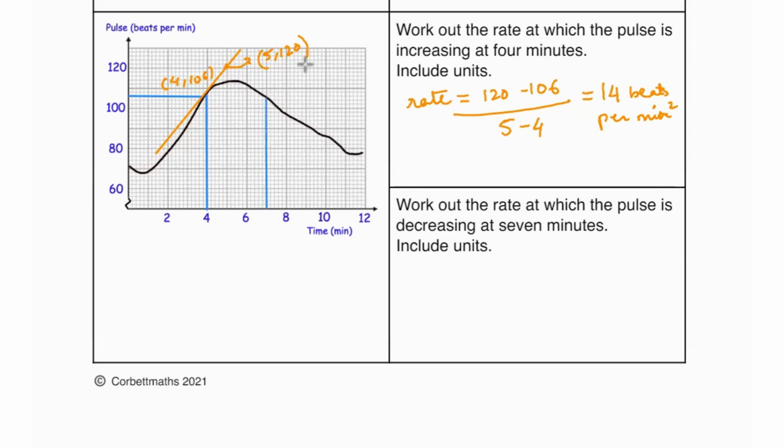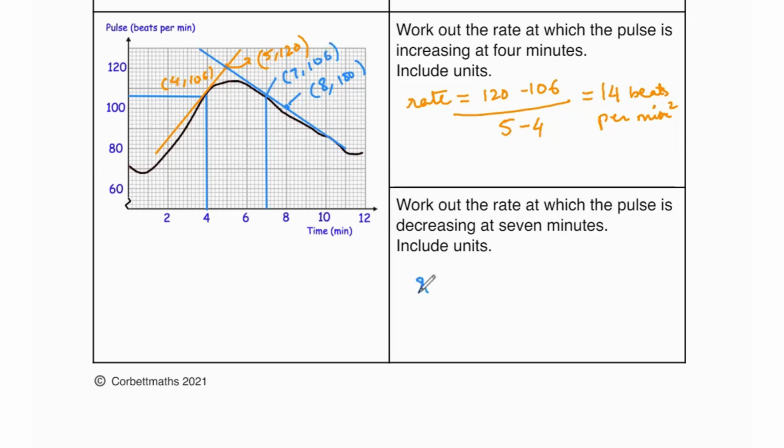Then it says work out the rate at which the pulse is decreasing at 7 minutes. Draw a line from 7 minutes. So we can pick this point, which is 8 and 100, and we can pick this point, 7 and 106.